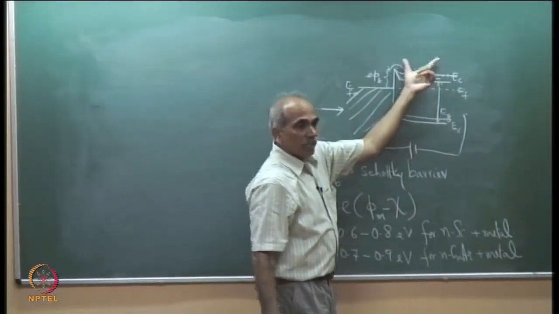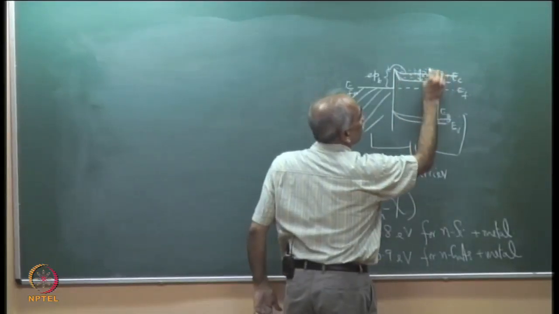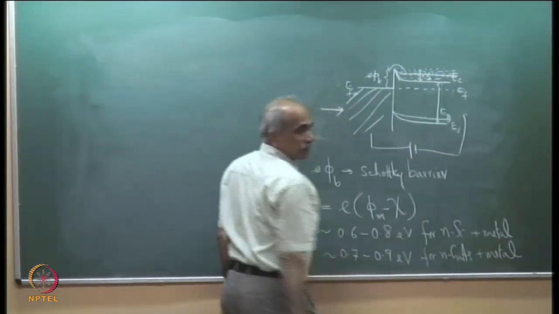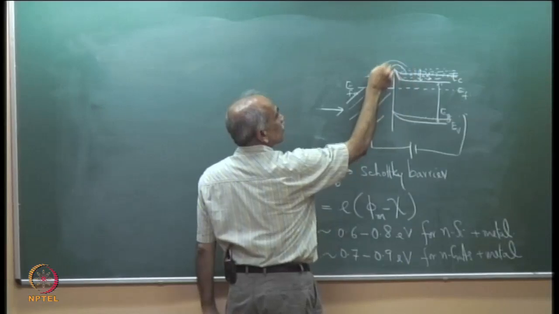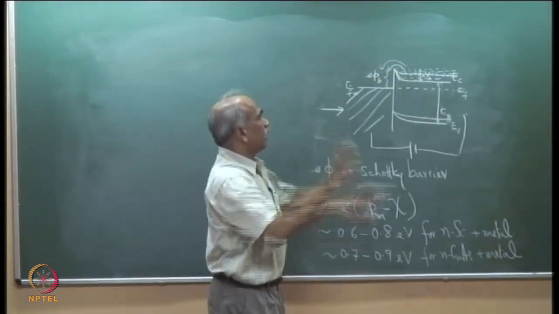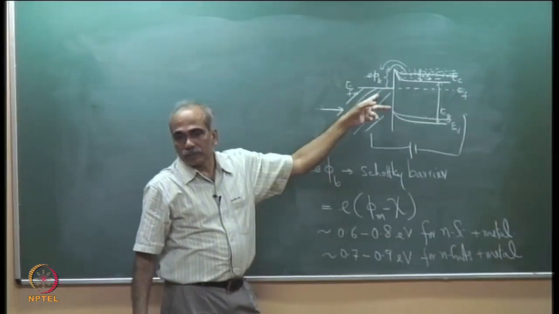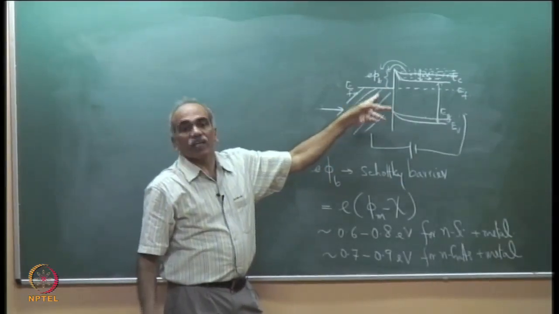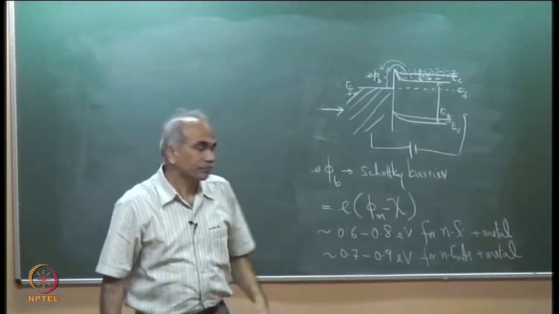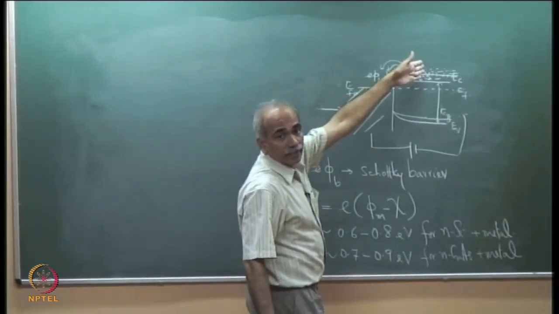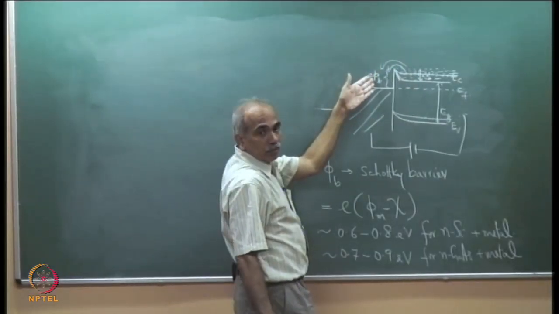The band has been lifted, which means there were plenty of electrons here. Because we have lifted, the electrons are going over the barrier and pouring into this. In fact, these are called hot carriers because electrons of higher energy are being injected into this side.